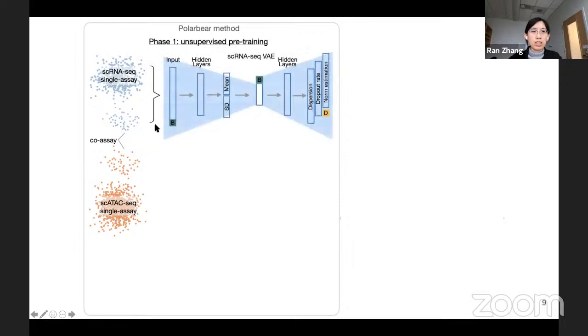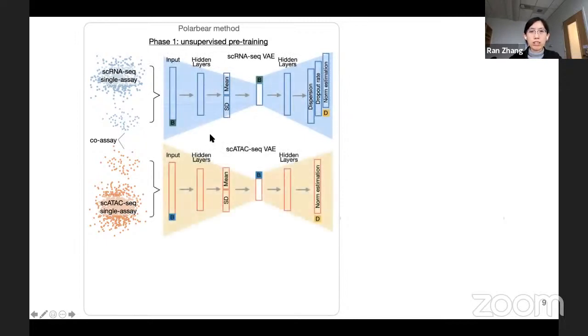And then for each data domain, we use all the cells to learn a variational autoencoder, where these architectures are adapted from the scVI and PeakVI methods, where we specifically model this batch factor and sequencing depth so that the embedding layers we learn are not biased towards those terms. For RNA-seq, we input the raw counts and estimate them by the zero-inflated negative binomial distribution. And for ATAC-seq, we input them as a binarized profile and estimate them by the Bernoulli distribution.